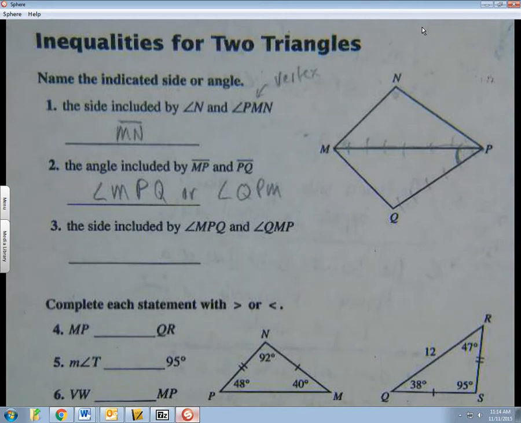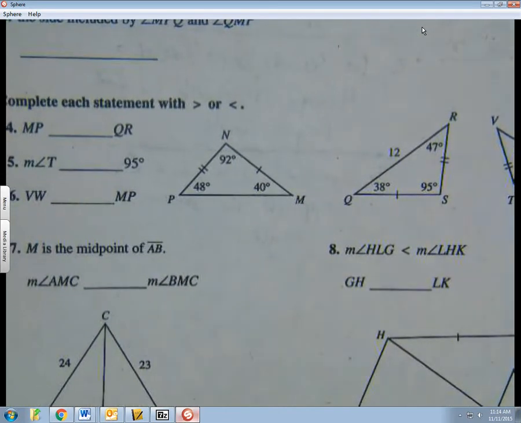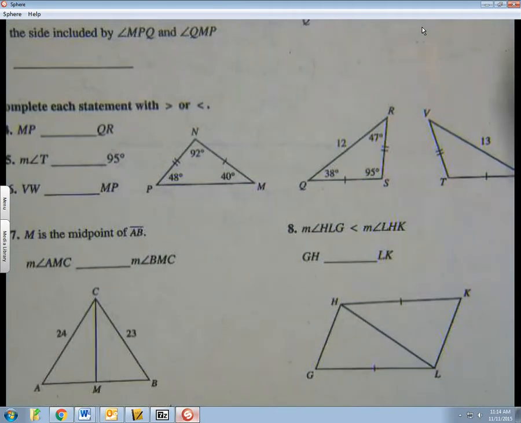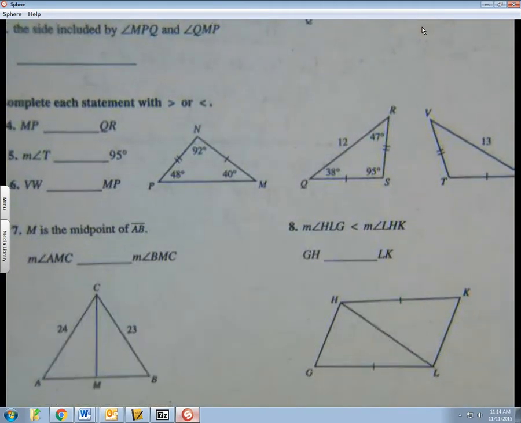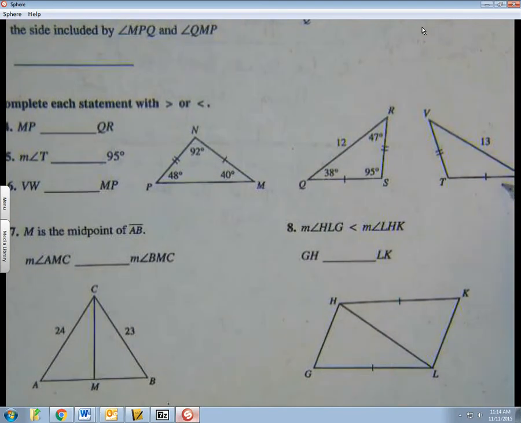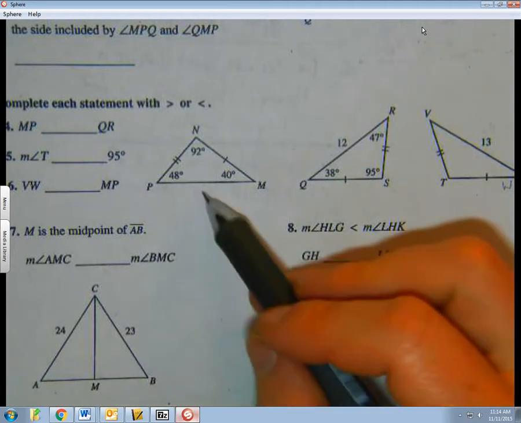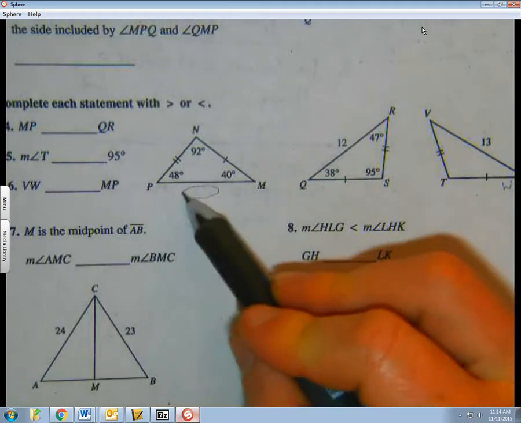Let's move down to the bottom here a little bit. See if I can get all this stuff in here. I'm just going to add this here. There's a W there. That corner. Okay. MP and QR. Well, let's find them. MP is right here. QR is right here.